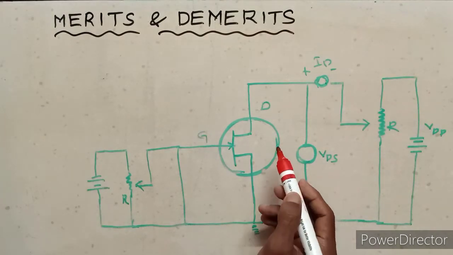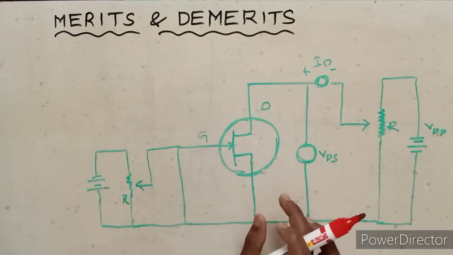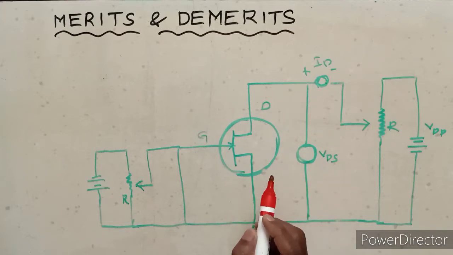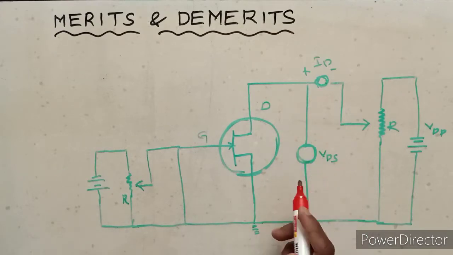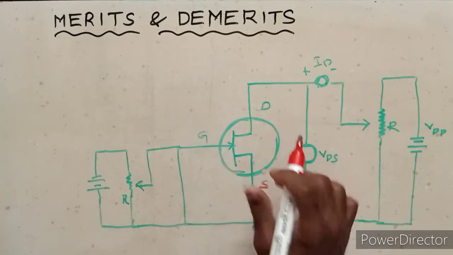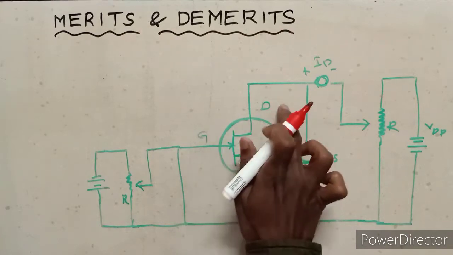Generally, a field effect transistor, junction field effect transistor consists of three terminals: source, gate and drain.